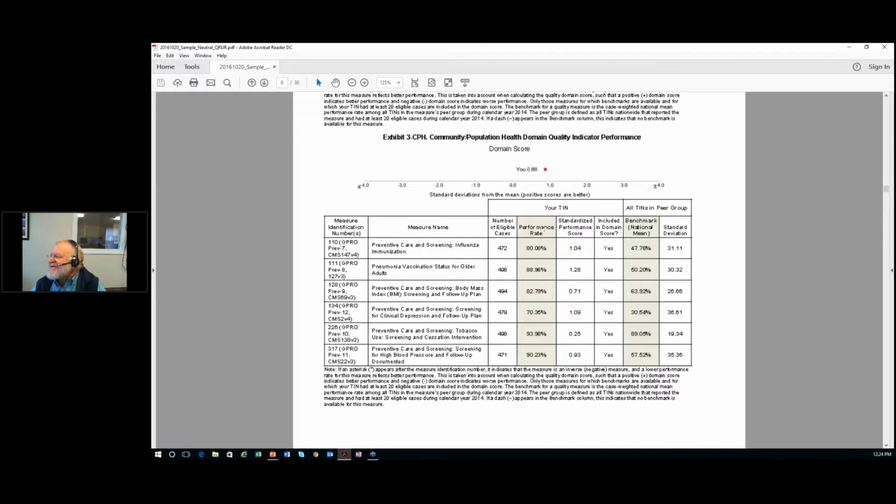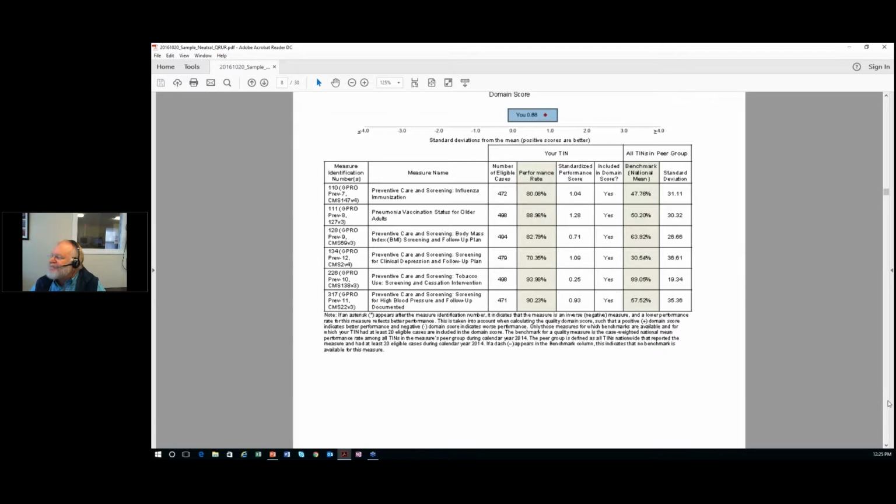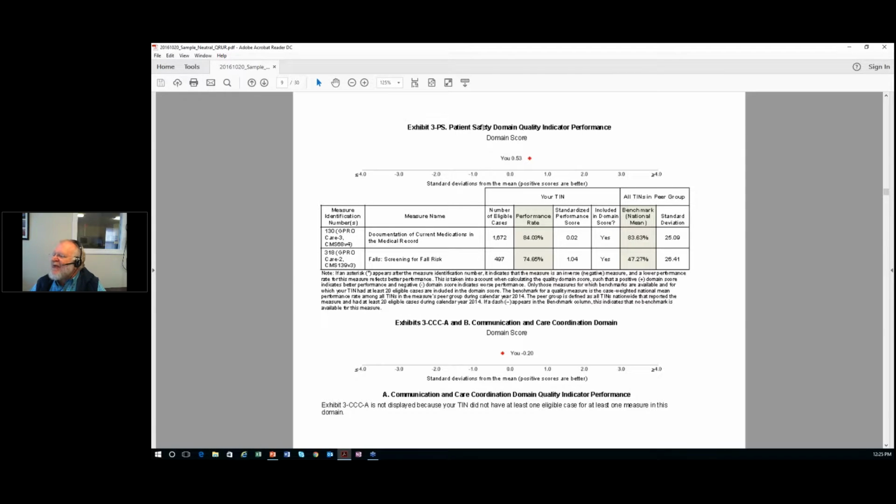We see the number of cases again, the reported performance in your submission to Medicare, the standardized performance score, which compares that standard deviation away from the benchmark, whether or not it's included, and the average, which is a favorable 0.88. Getting close to that one standard deviation above, but not quite. We move down to the next domain, patient safety domain. There's two measures in that. We see your scores here, which average to 0.53.